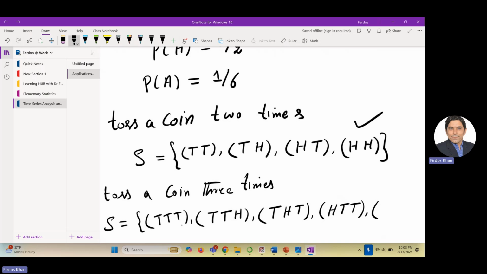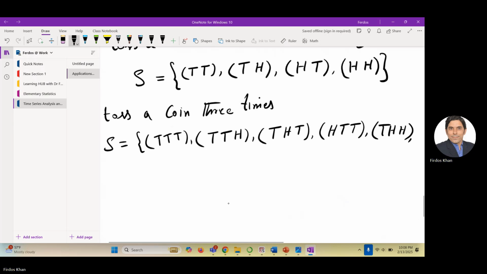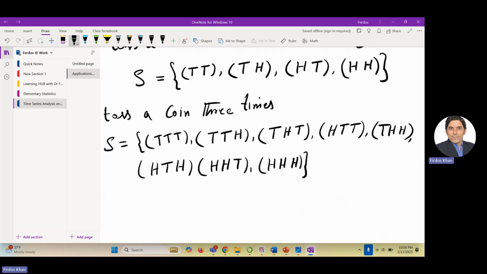You started from 3 tails, then 2 tails, and then 1 tail and 2 heads. Actually, these are the possible outcomes. And then there can be head on the first, tail on the second, head on the third, and then head on the first, head on the second, and tail on the third, and the last can be head on each of them. So 1, 2, 3, 4, 5, 6, 7, 8. There are 8 possible outcomes.